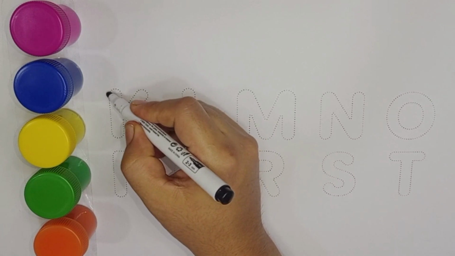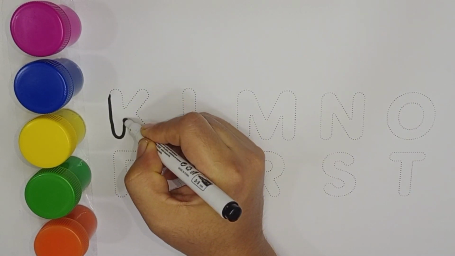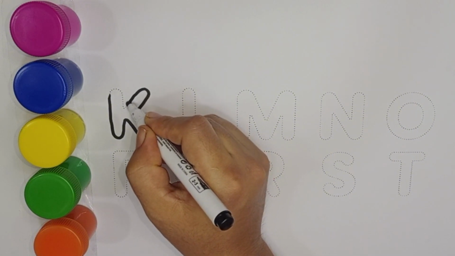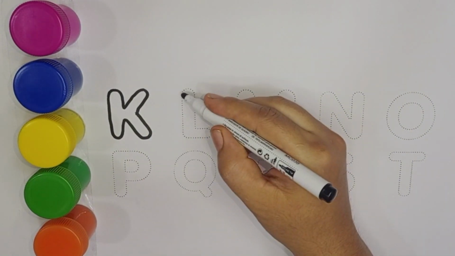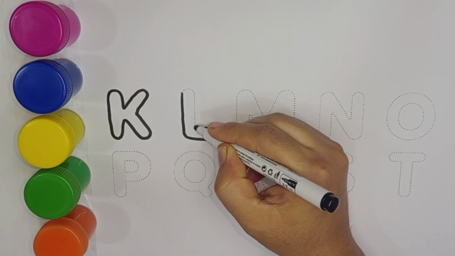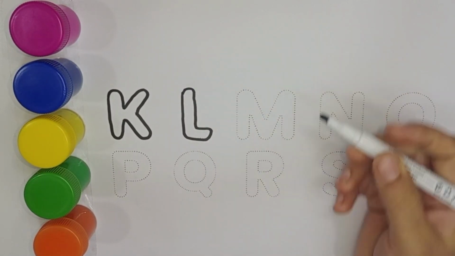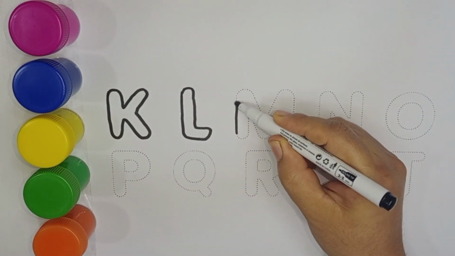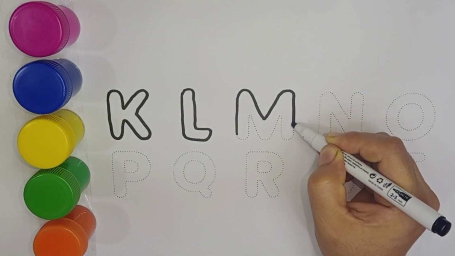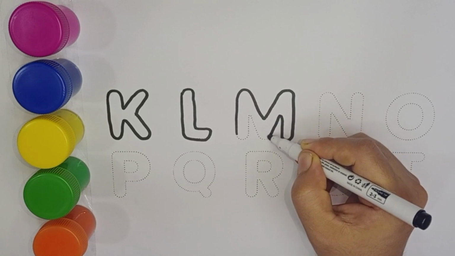K. K is for kangaroo. L. L is for lollipop. M. M is for monkey. M is for mermaid.